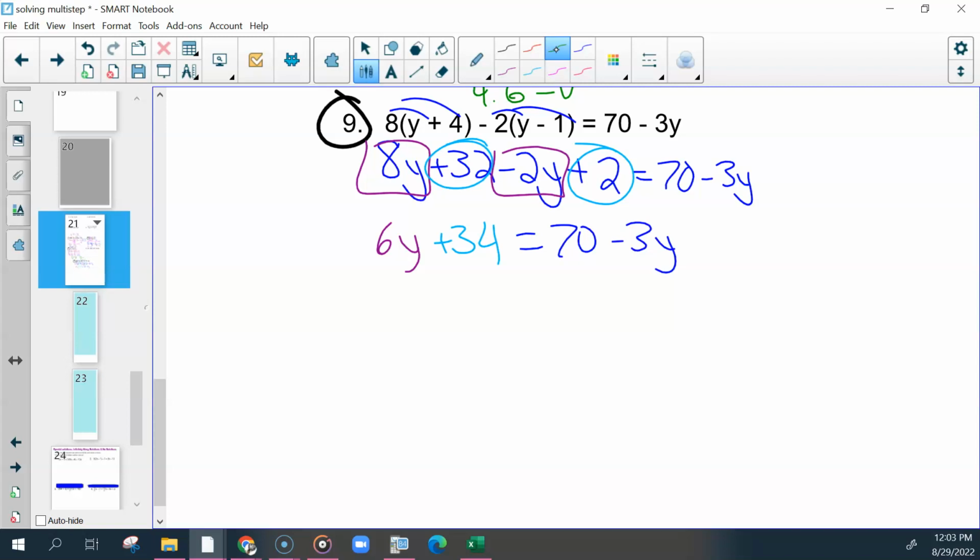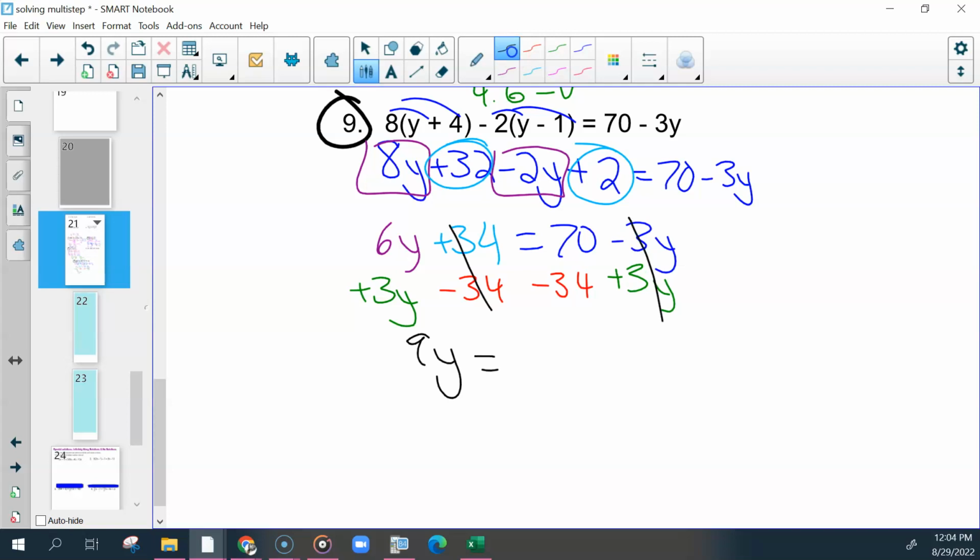I like to keep our terms positive if at all possible. Less stress. And then subtract 34. Have 9y, because these would cancel, equals 70 minus 34 would give us 36.